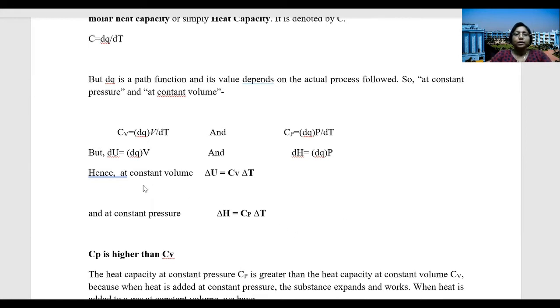So at constant volume, we can write that delta U is equal to CV into delta T, and delta H, the change of enthalpy, which I will explain later, is equal to Cp delta T. Now, which one is greater, Cp or Cv?